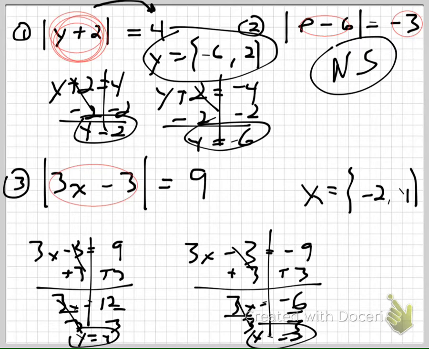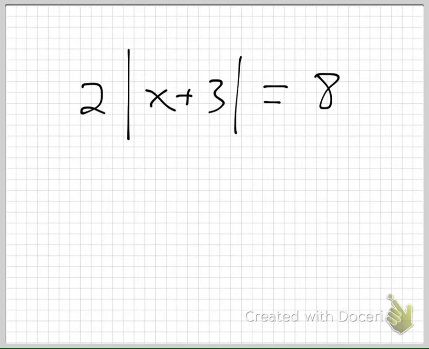So yes, you want to solve for the variable, but we've got to clear everything out of that house except for the absolute value symbol. What I mean is this: what if I have 2 times the absolute value of x plus 3 equals 8?